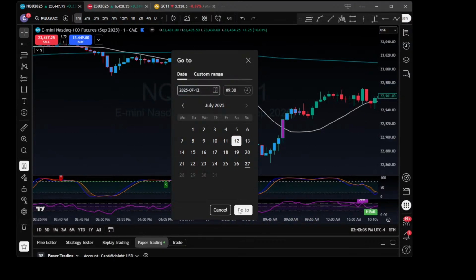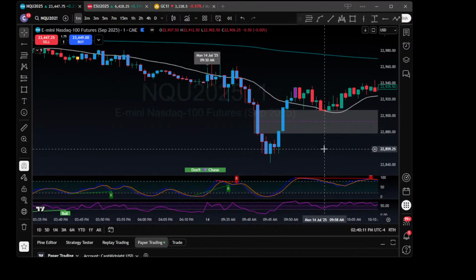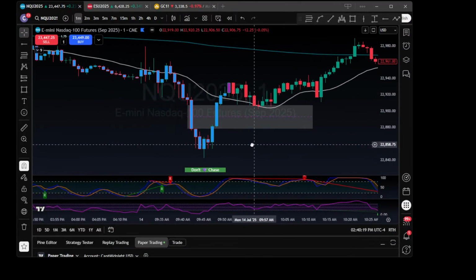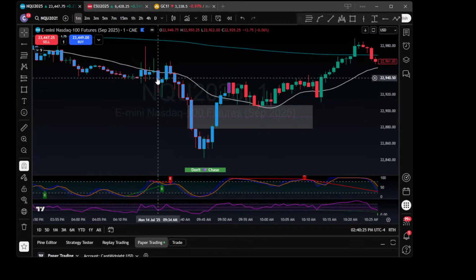12. No gap. So 12, no trade, because there's no gap. We open right here. There's no opening gap.